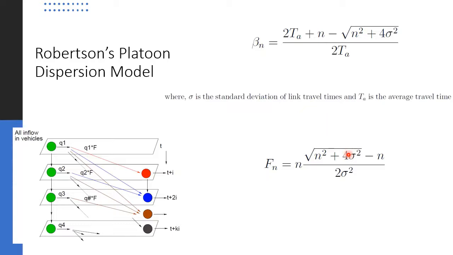If these two factors are known, you can calculate the smoothing factor directly from the standard deviation of the link travel time and the time step of modeling. So beta n and fn can be mathematically determined as long as you know the average link travel time, time step for modeling, and the standard deviation. So this is all about Robertson's Platoon dispersion model.